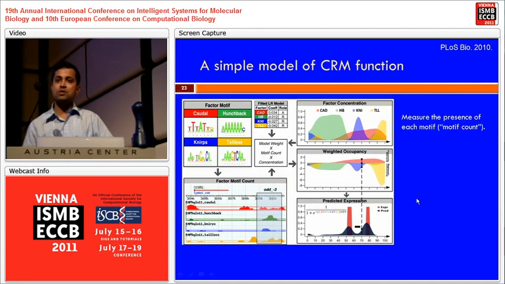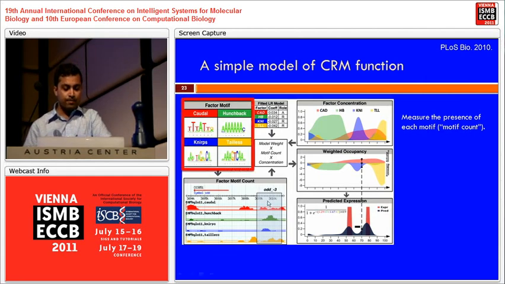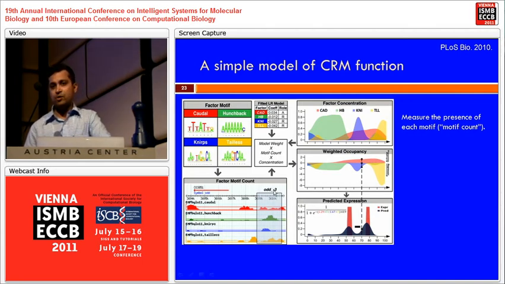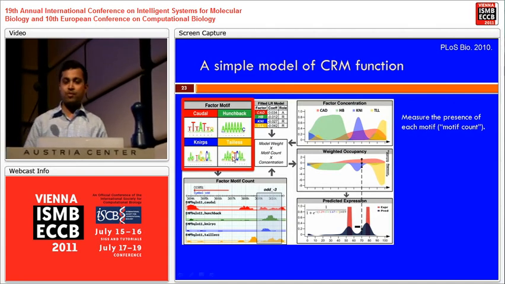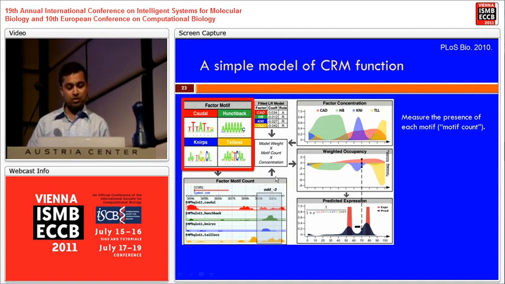First of all, we use the first part of the talk to predict motif presence at each locus in the genome. And let's say this is the CRM. Here's the gene and here's the CRM whose function we want to predict. We take each of the motifs given to us and measure their presence in that CRM using the method I described earlier, the HMM-based method using comparative genomics.